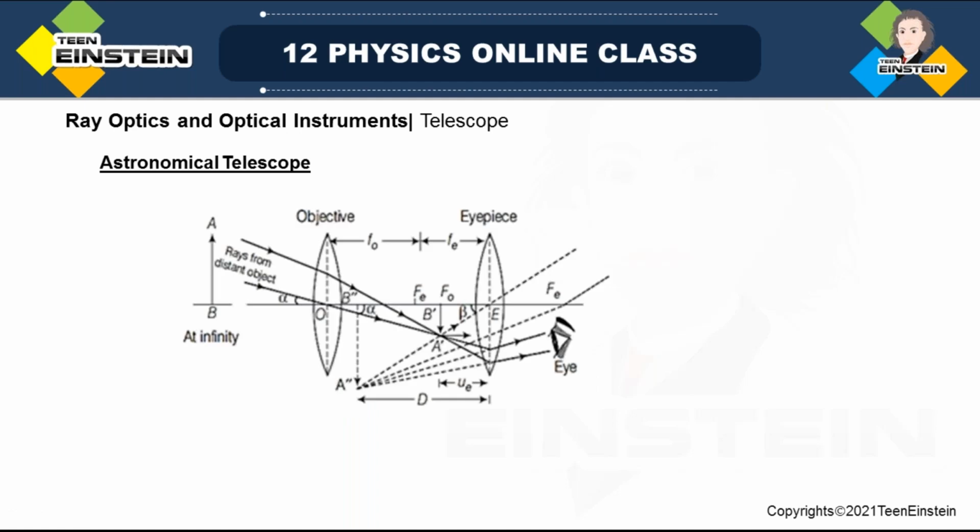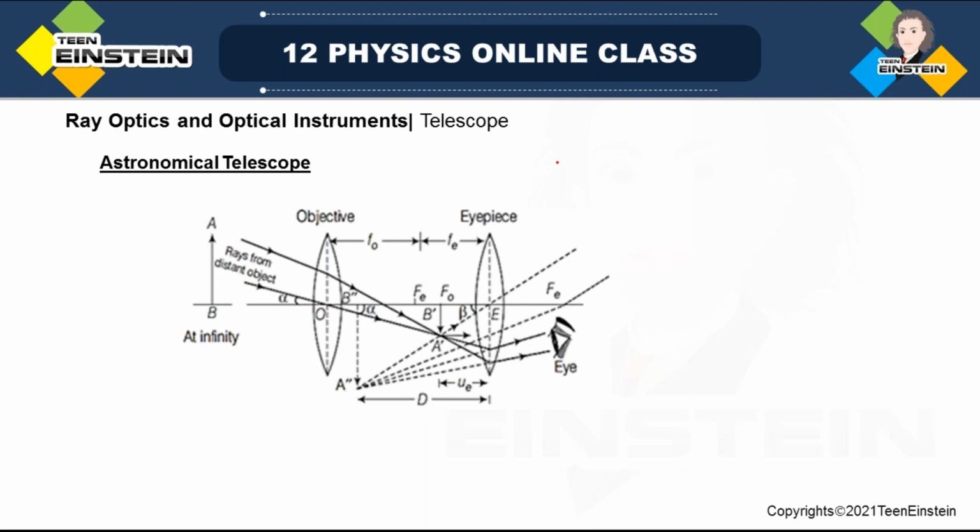Now we'll discuss astronomical telescopes and the magnification, angular magnification. We'll first see what the construction is, and then see how this astronomical telescope provides angular magnification when the final image is formed at the least distance of distinct vision.